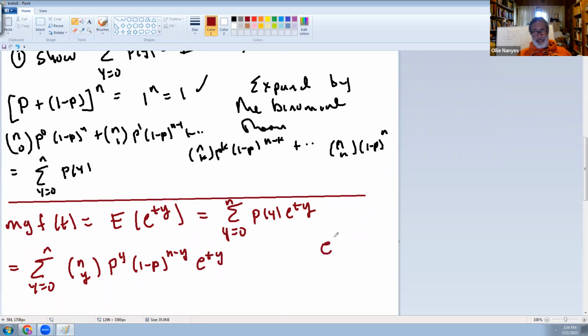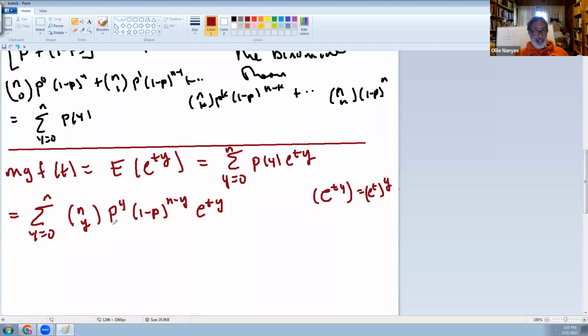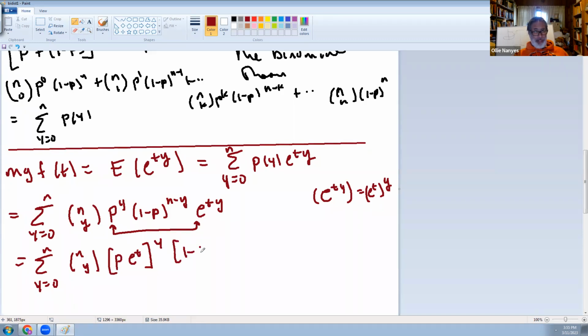Now we use the fact that e to the ty is equal to (e to the t) to the y. And now I'm going to combine these two, which are both raised to the y power. This is going to be (p e to the t) all raised to the y power, times (1 minus p) to the n minus y.